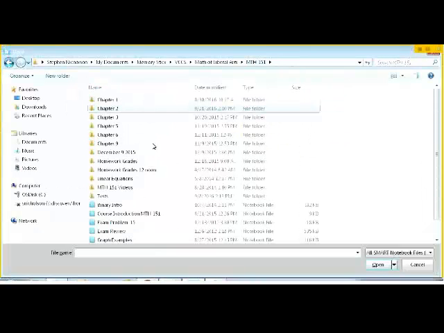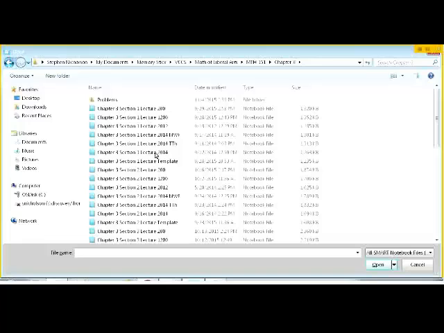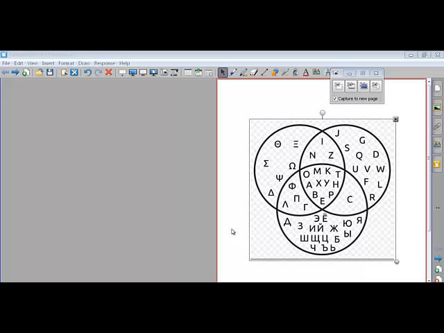Okay, so we're going to open up chapter 3. So here's your assignment for the video. This is a Venn diagram for different languages and different alphabet systems. I think this is Greek, this is the one we use, and that is some Russian, Cyrillic maybe.